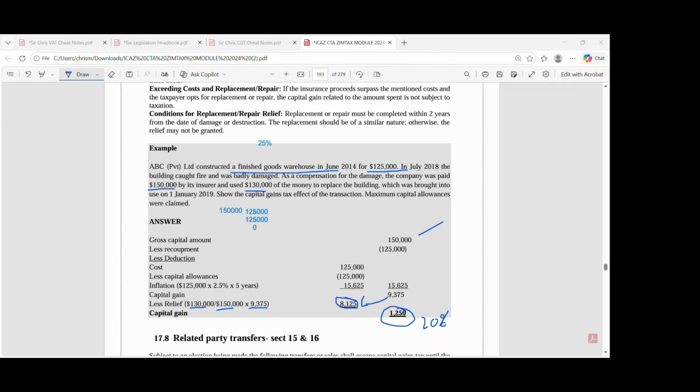See how you claim it's not apportioned. Capital allowances are not apportioned. So that's why I'm going to go 14, 15, 16, 17. But for inflation, that's 14, 15, 16, 17, 18. I mean, that should make sense. Is it making sense now?